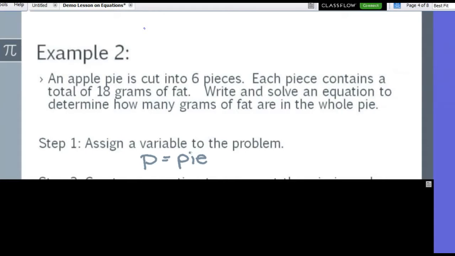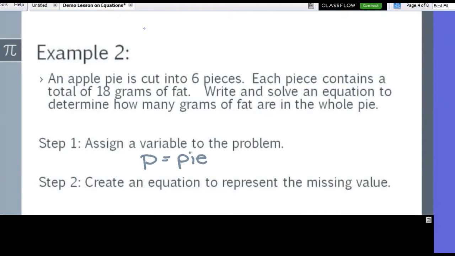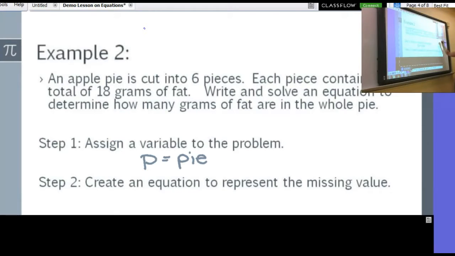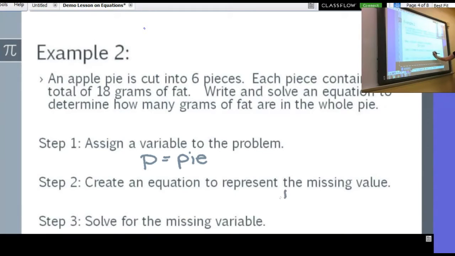We can set up an equation using p and what we know to find out the total fat in that entire pie. So we're going to say that 1/6 of the pie, or p divided by 6, is equal to 18. Here we said divided by 6, so the inverse of division is multiplication.